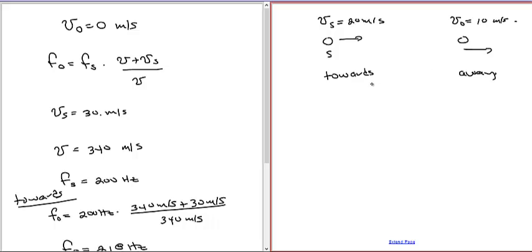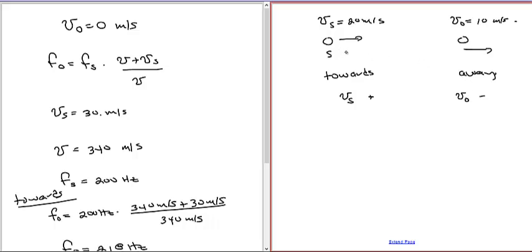So because this one's trying to move towards the observer, even though it's going away, this V of the source is going to be positive. But in the second case here, V of the observer is negative because it's trying to move away.